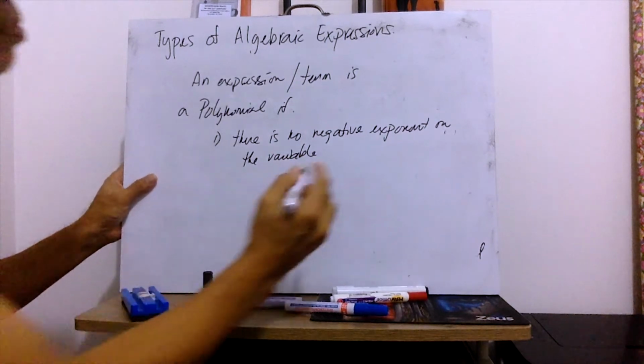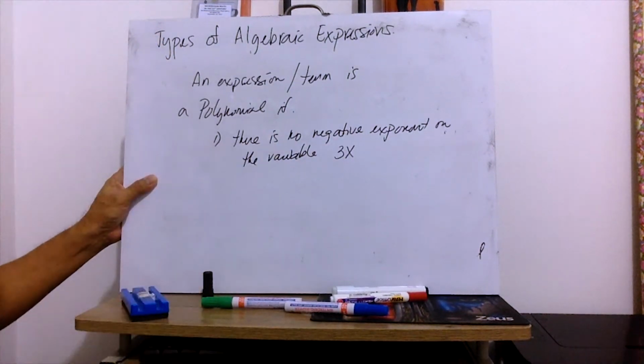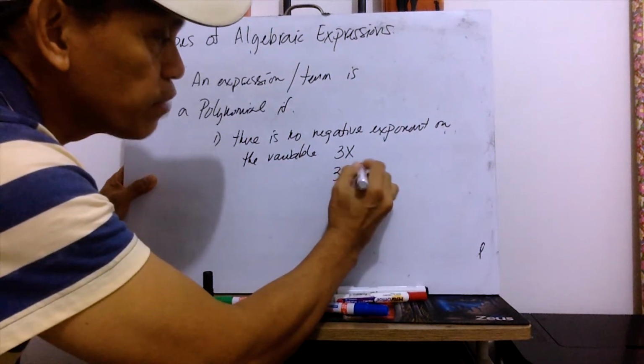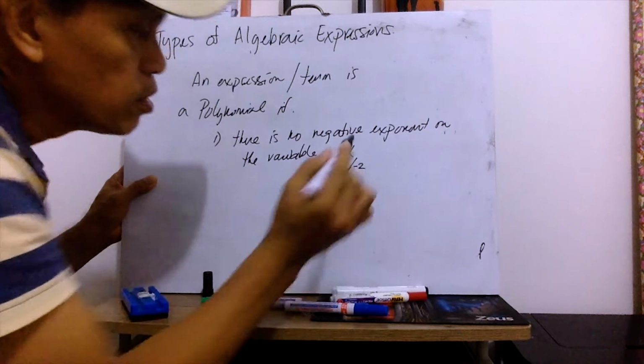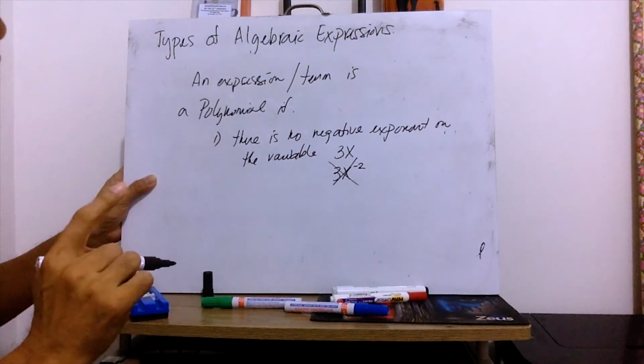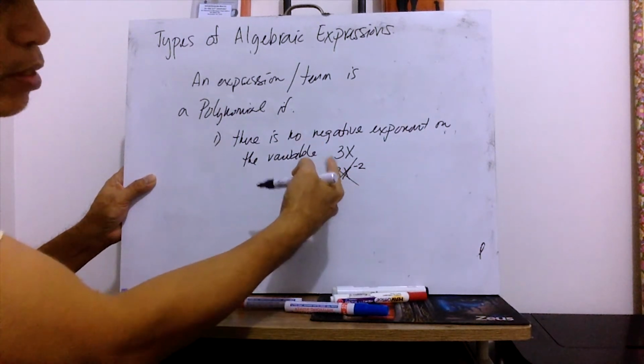For example, 3x is a polynomial. But if I write 3x raised to negative 2, this is not a polynomial anymore. So one condition to be a polynomial, there should be no negative exponent, like that one.